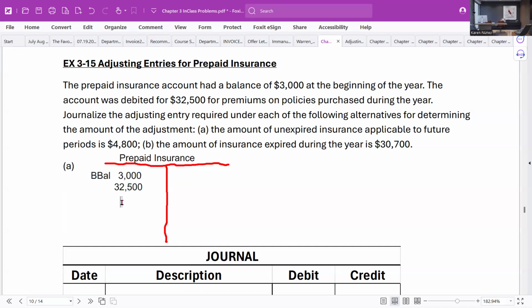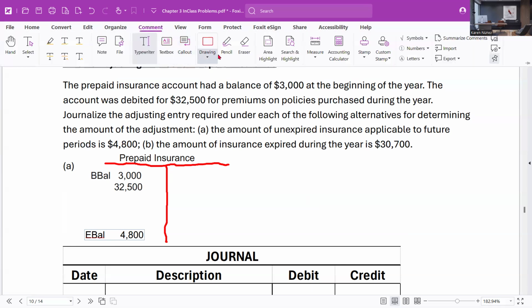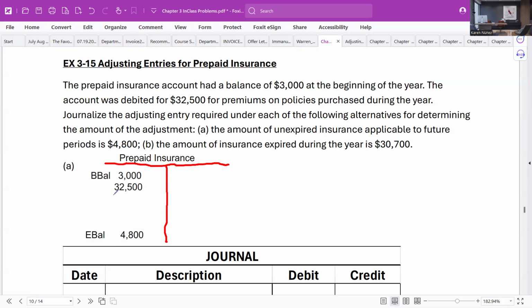We need to consider in Part A that the unexpired insurance that is applicable to future periods, or the ending balance in this account, is only 4,800. That's what we need in that account. So let's see if I can make some notes here.